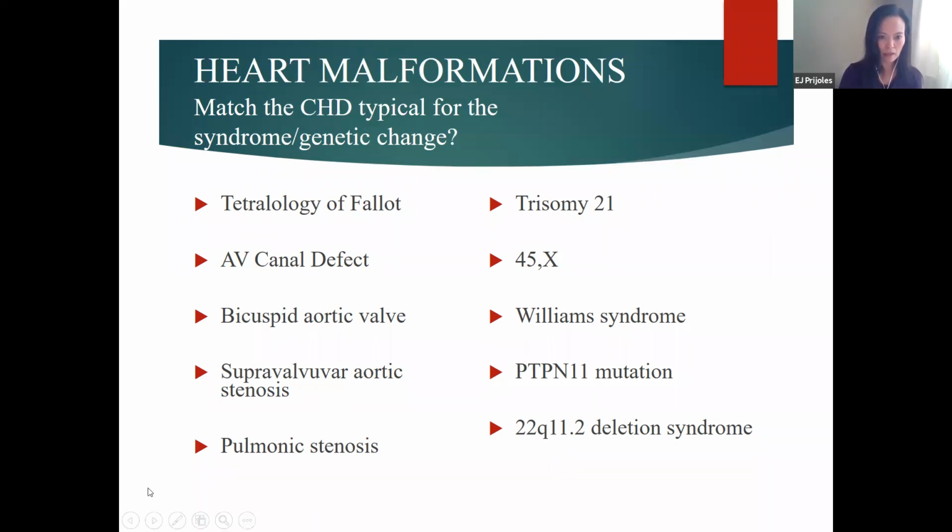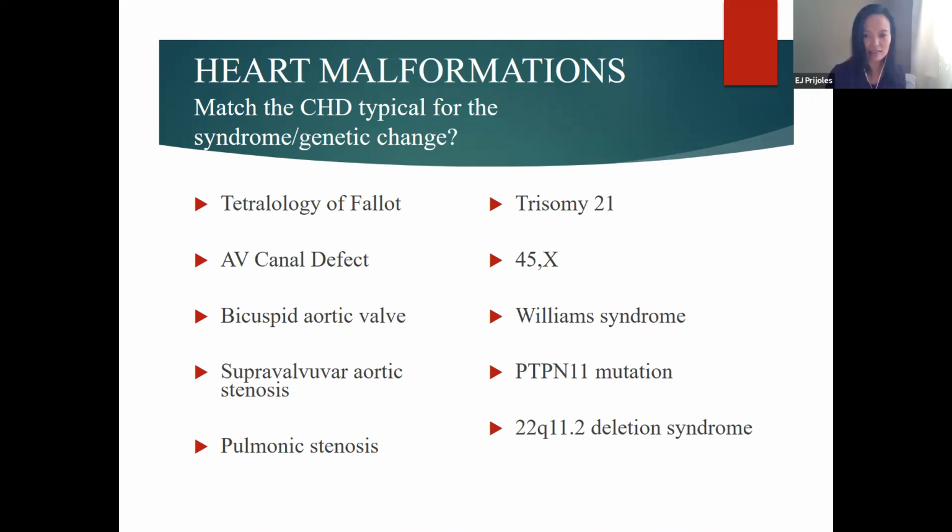So for tetralogy of Fallot, what is the condition that is associated with that one? Can I get anyone to volunteer? How about 22. Yep, 22. Perfect.